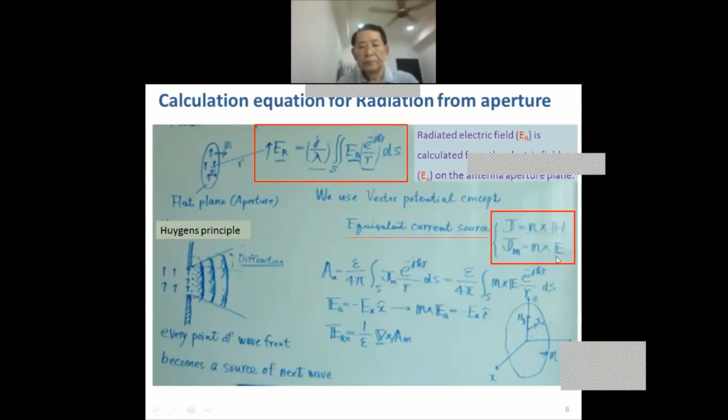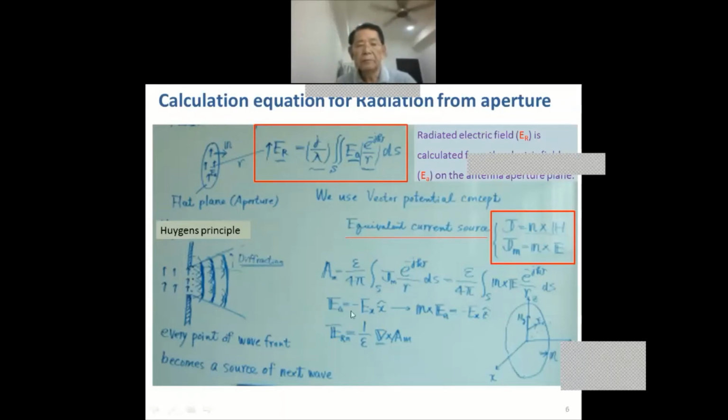So here, first the electric field. So this is the vector potential from the magnetic current source. Then the vector potential is expressed by this.